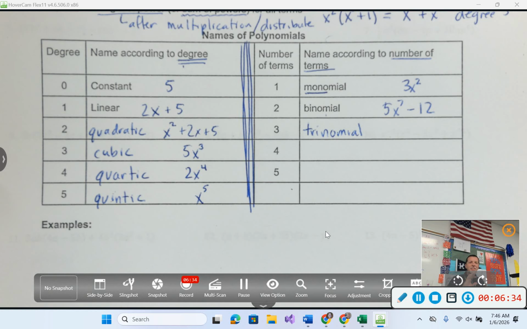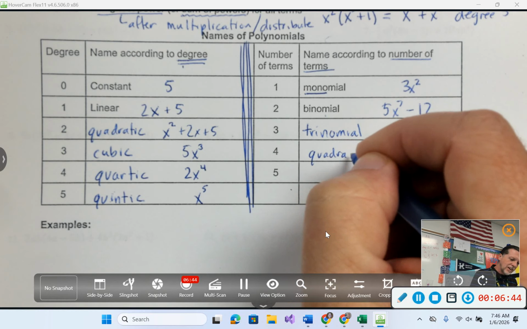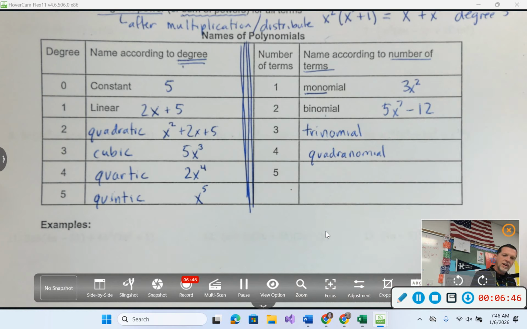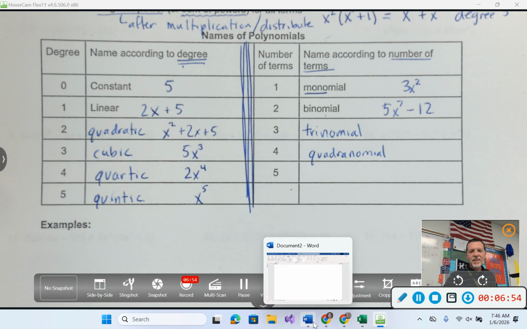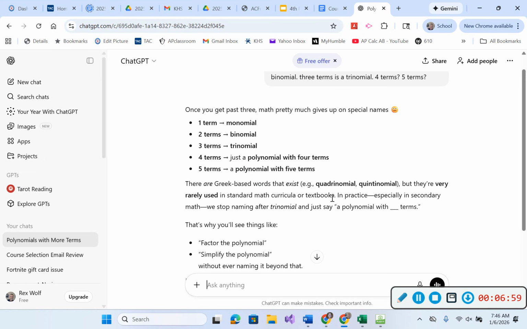4, I think you used this 4 prefix earlier. Quadrinomial. And I think it is a quintinomial. Honestly, I looked it up a minute ago. Quintinomial. ChatGPT. Because I was like, well, I don't remember using those terms. And I was confirmed because these are Greek-based words that exist. So quadrinomial, quintinomial.